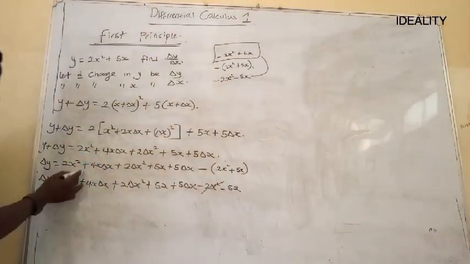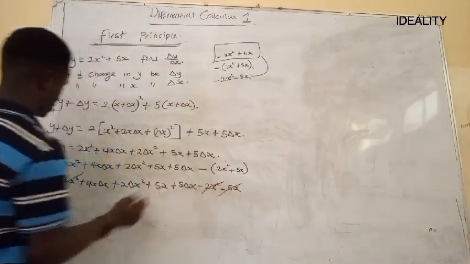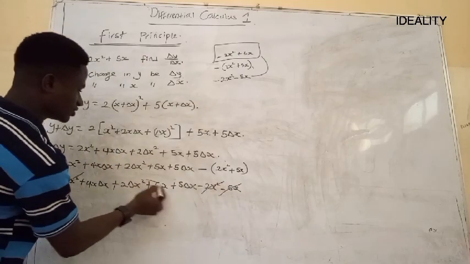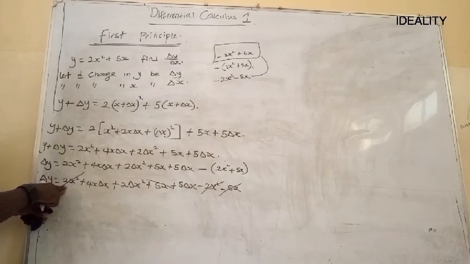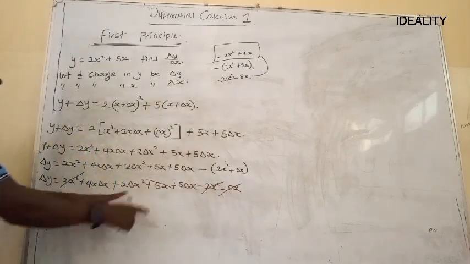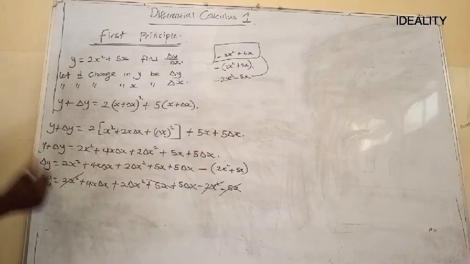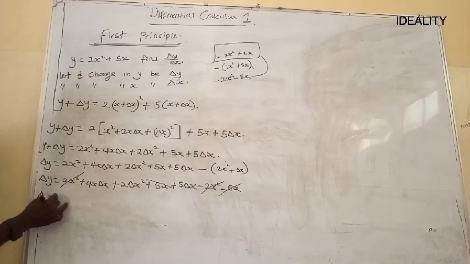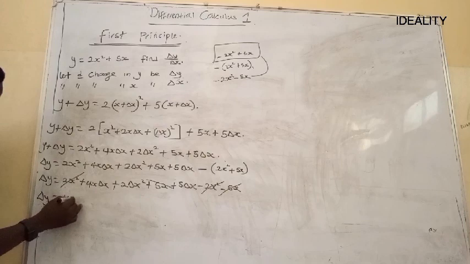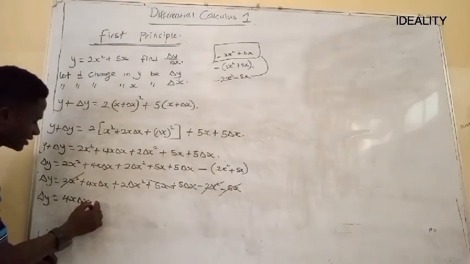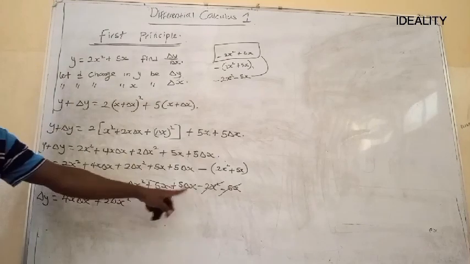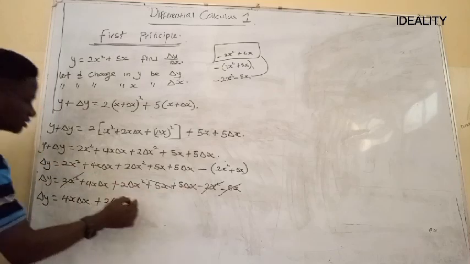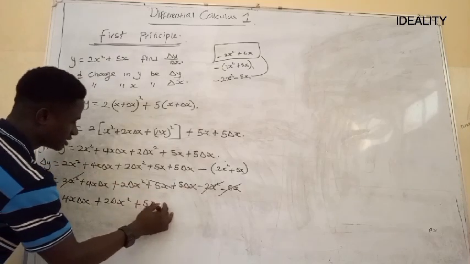That this can cancel this and this can cancel this exactly. Minus 2x squared can go for 2x squared. Then minus 5x can go for 5x. Cancel them out. So what are you left with? You have your theta y to be equal to 4x theta x plus 2 theta x squared plus 5 theta x.